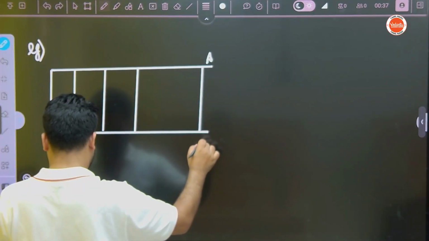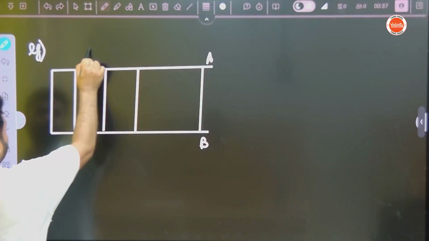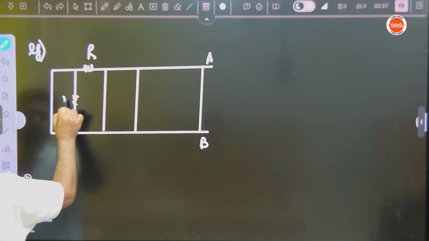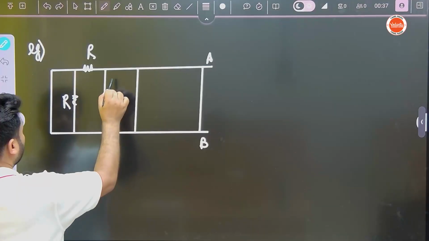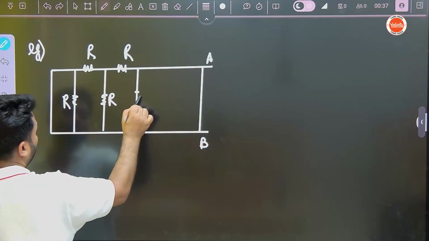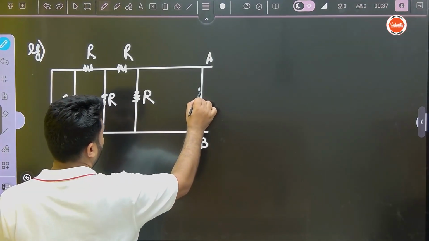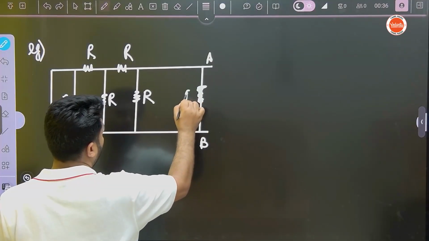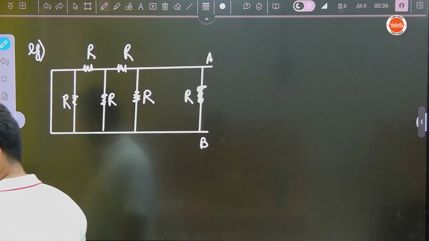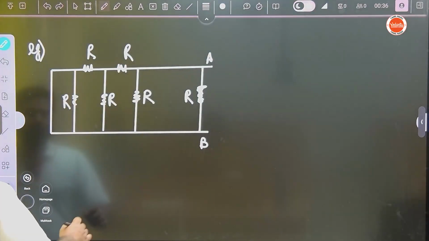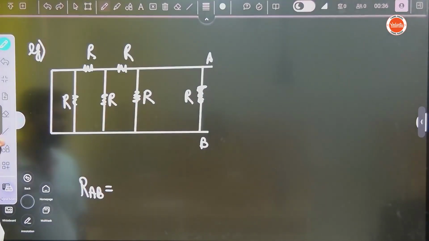A, B. They are asking again the same question. What is the R equivalent between AB? See what will happen.